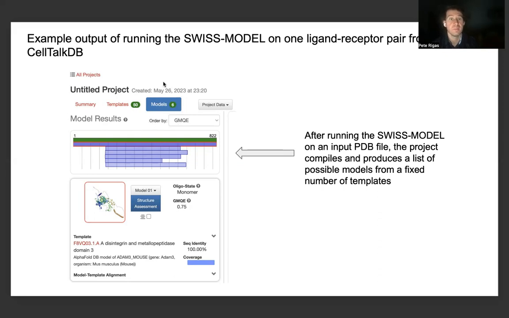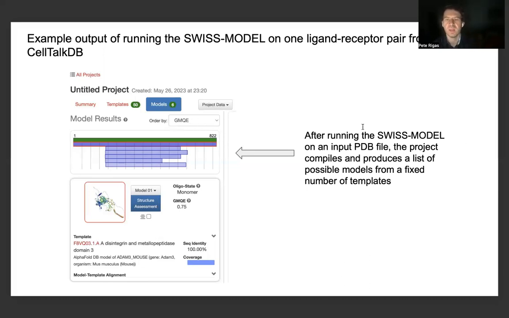And we can see that from this instance that we ran for generating a homology model on May 26th of earlier this year, we can look at 50 possible templates, as well as 6 potential models that are generated from those 50 templates that the Swiss model believes with high certainty and with high probability would be able to constitute a three-dimensional structure of a ligand or receptor that we can then feed to look at the three-dimensional interactions of to further characterize the binding affinity in AutoDock Vina.